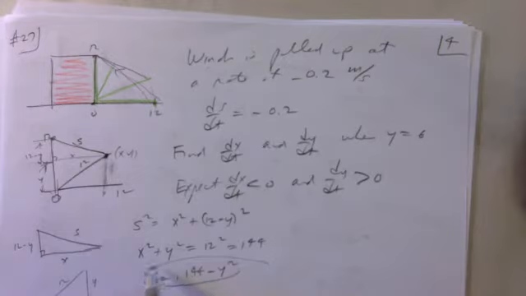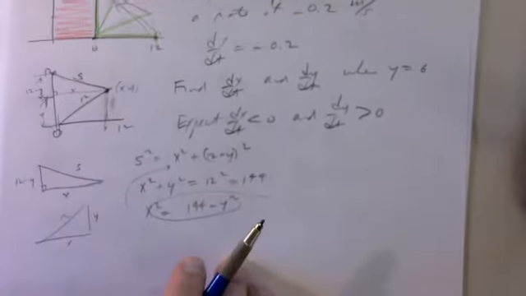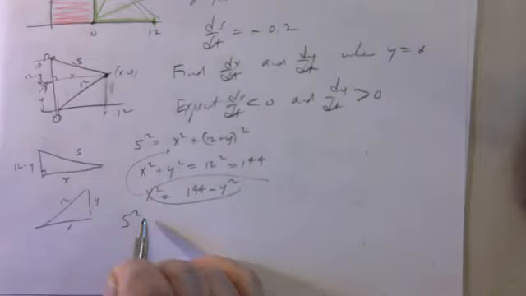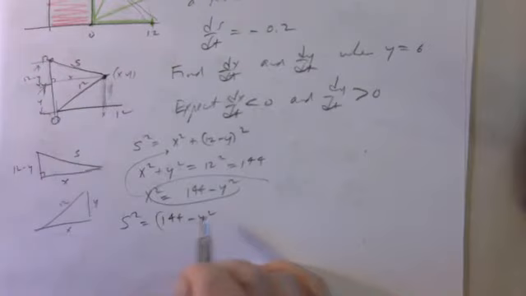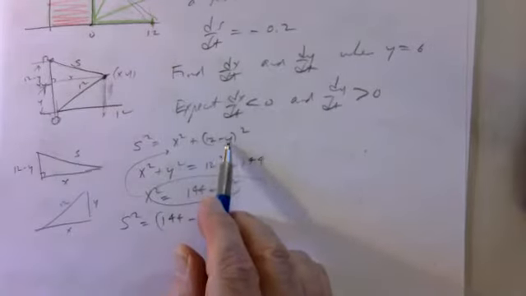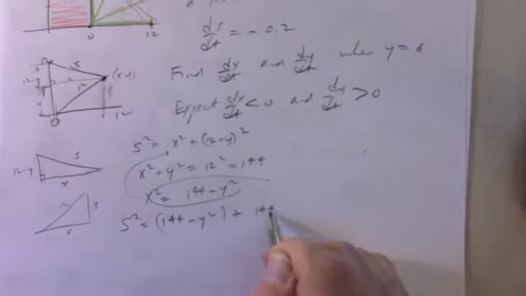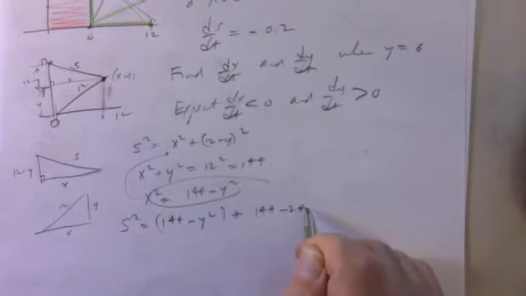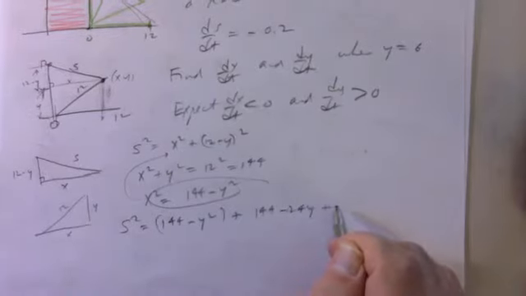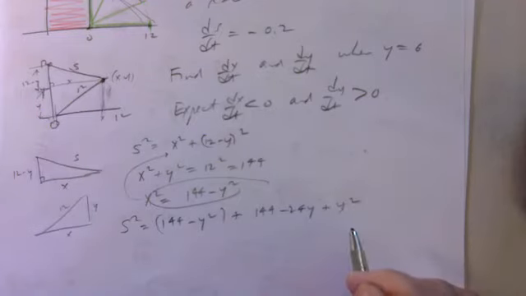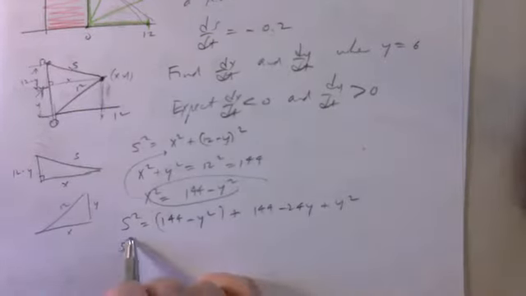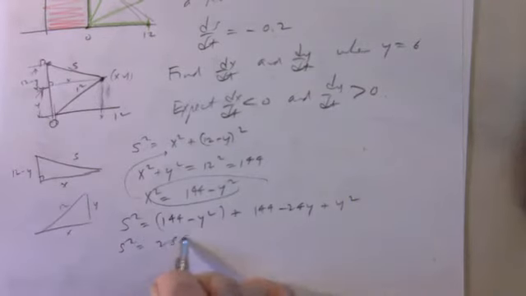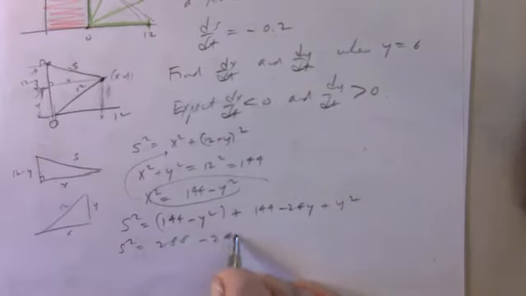So if we take this and plug it in here, what do we get? We get s squared is x squared, 144 minus y squared, plus (12 minus y) all squared, which is 144 minus 24y plus y squared. So the minus y squared and the plus y squared cancel. S squared is equal to this plus this, 288 minus 24y.